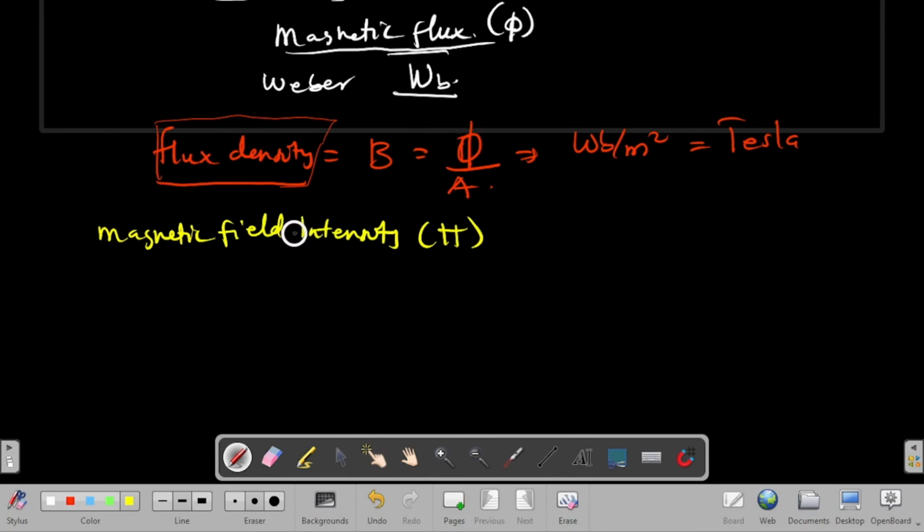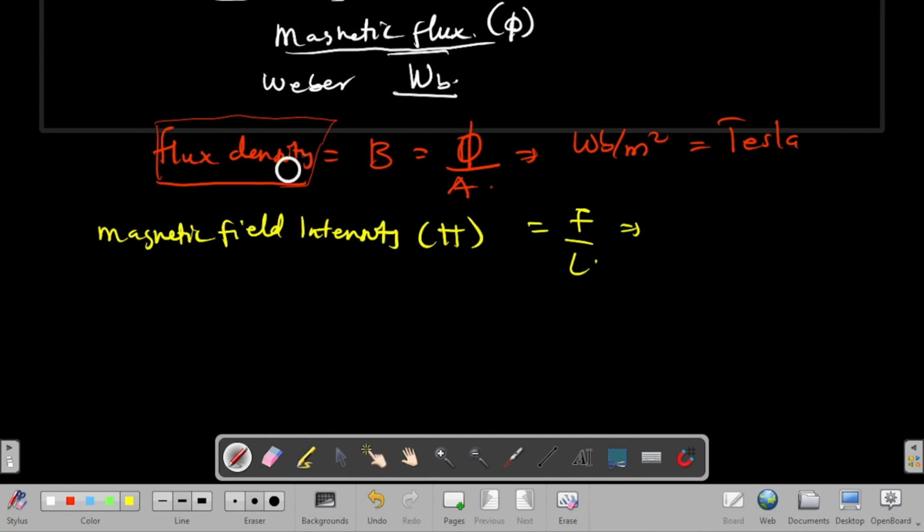This is field intensity, and it's simply defined as capital F over L, your magnetomotive force over the length of the section we are talking about. So the field intensity is simply dealing with sections of your magnetic circuit. When I take a section of length L, what is the force which is being felt there?